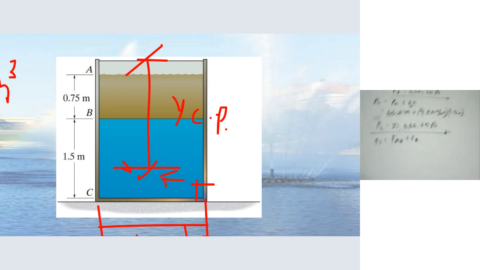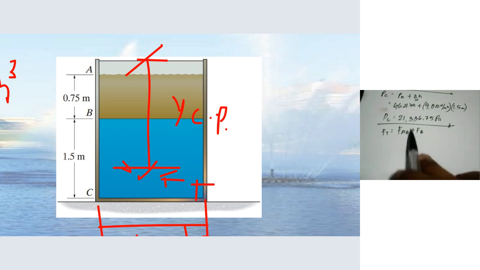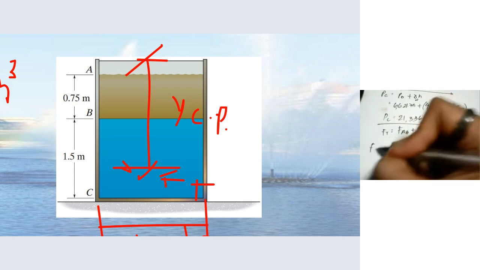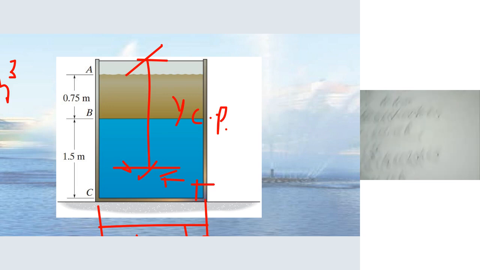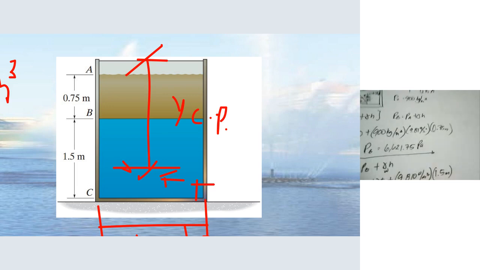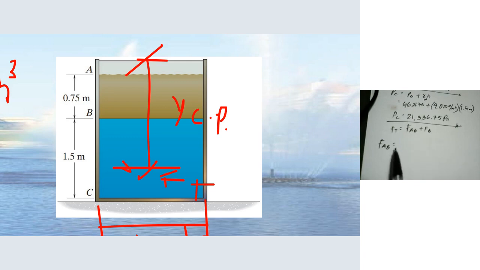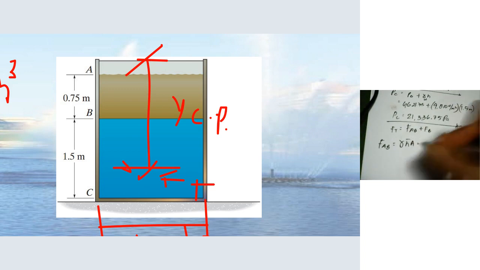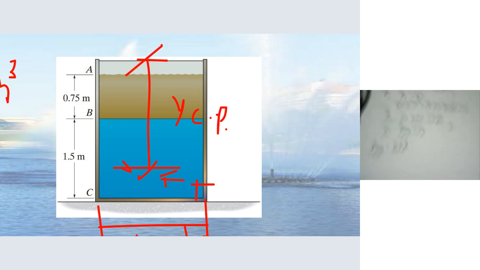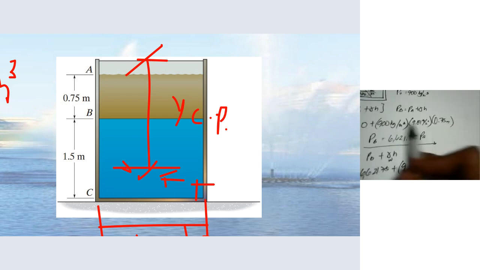Okay? So, let us solve F sub AB first. Okay, we can do that because we already have the pressure. So, let's recall the formula. Formula is gamma H bar A. So, we already have the pressure, which is 6,621.75.